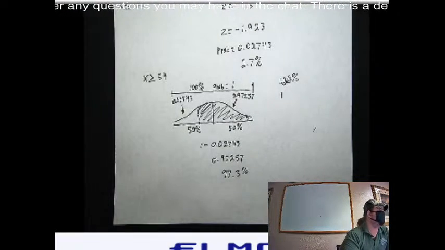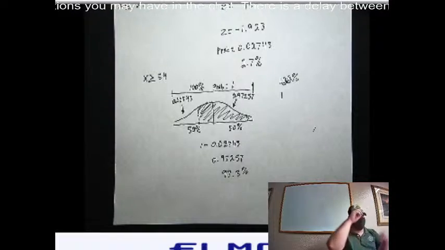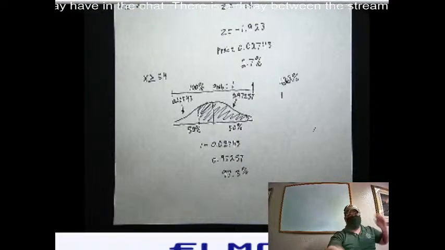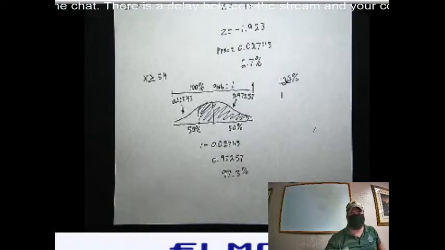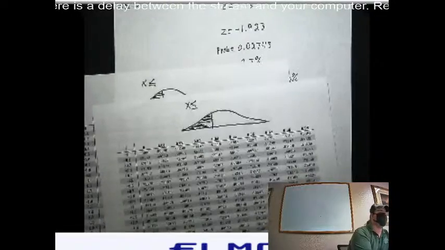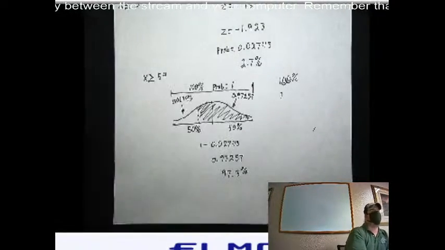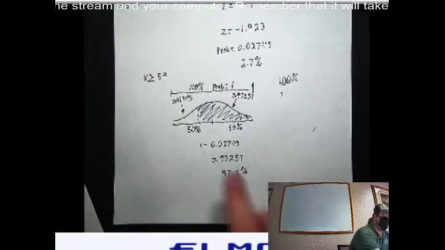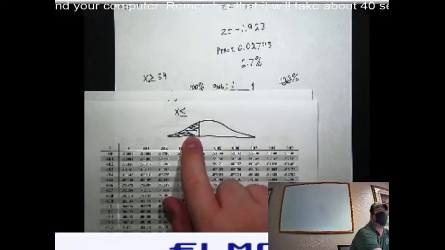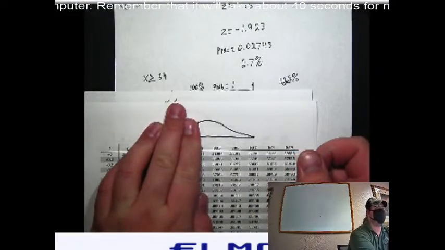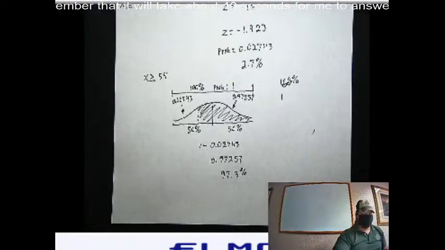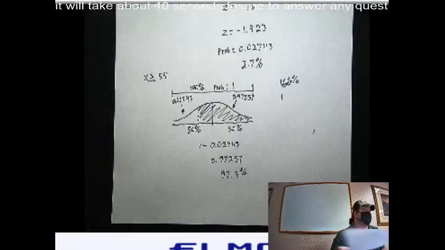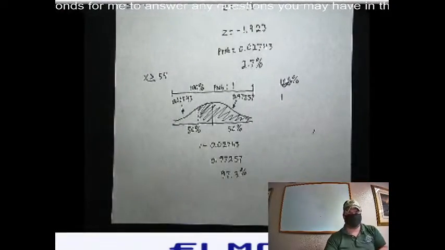Does that make sense? Good. So you don't need another type of table to tell you the stuff above this point. All you need is to find this and then subtract it from 1, because it'll give you the other side. So really all you need are 2 tables, not 4 of them.